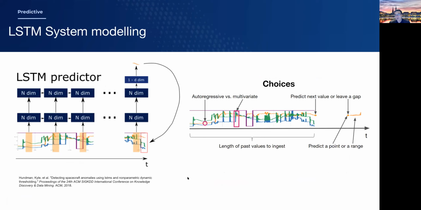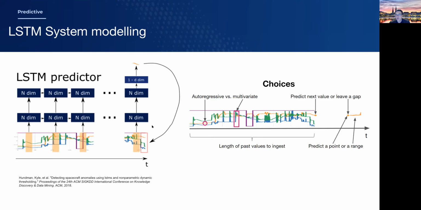Okay, then you can look at something which is a predictor. You take your time series, you ingest past values, you train the model on nominal data, again, on nominal data. You slice it up, and you provide it a history of past values and tell it, okay, I give you 20 past values, predict me the next one. What would happen in the future?